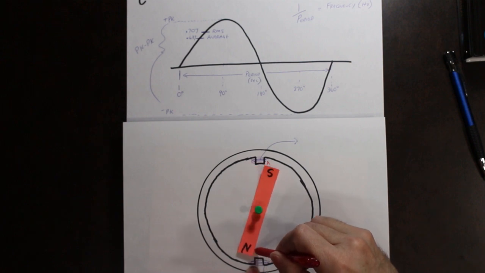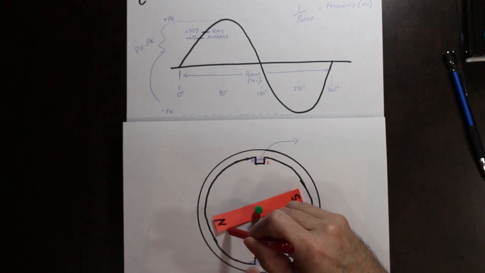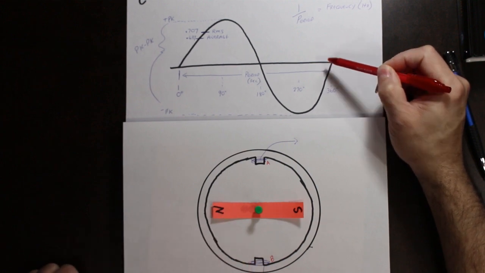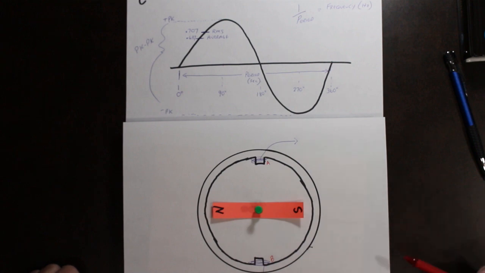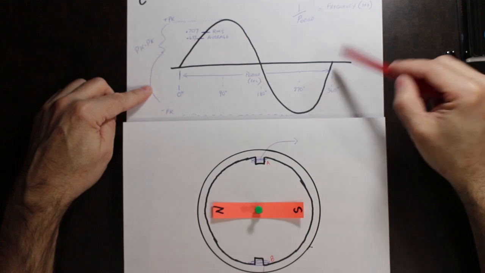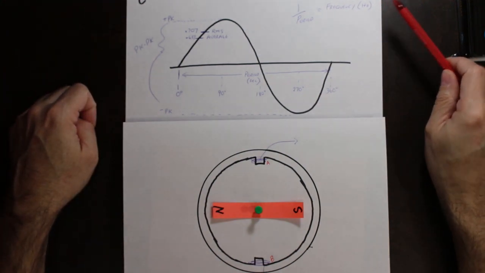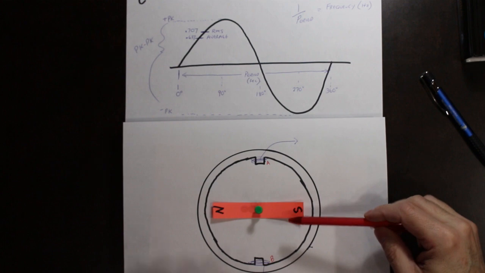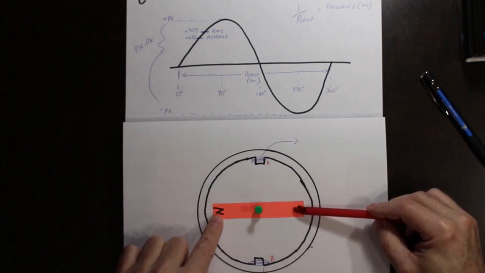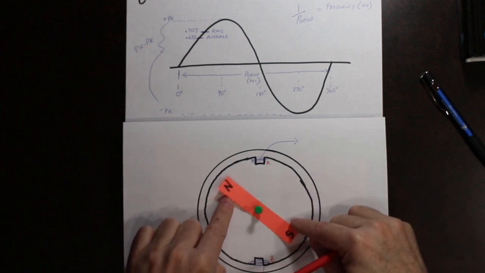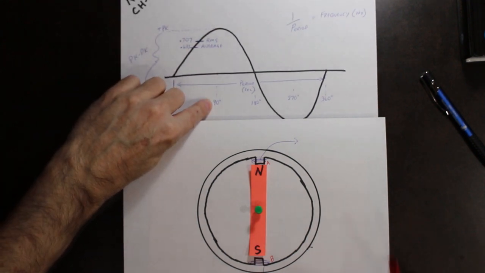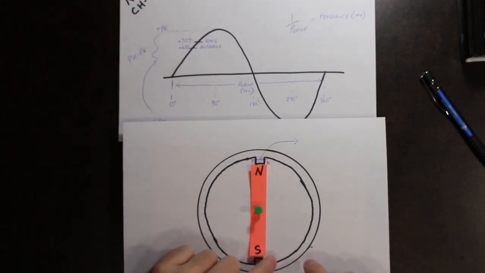And as Superman continues, we end up coming back to where we were right here. Okay, so that completes one full rotation of our generator, completing one complete sine wave. If we looked at it, we call this 0. So that's our start. The rotor moves 90 degrees. We are here at the peak, 90 degrees. So that's the positive maximum value.